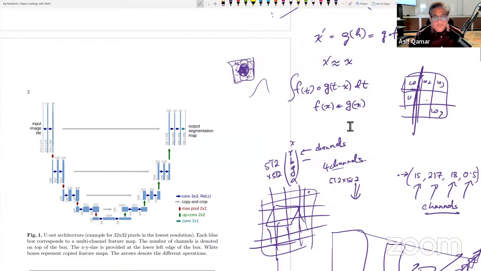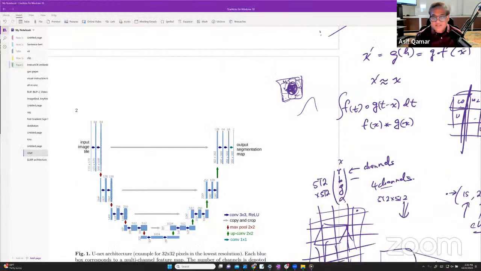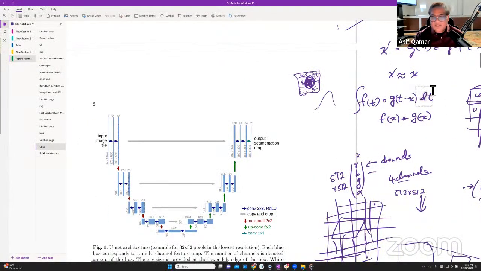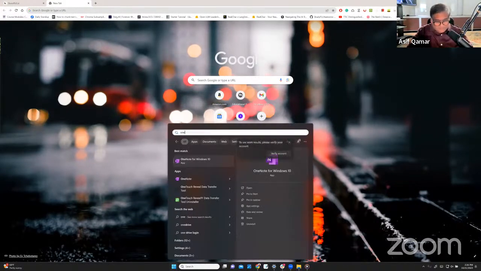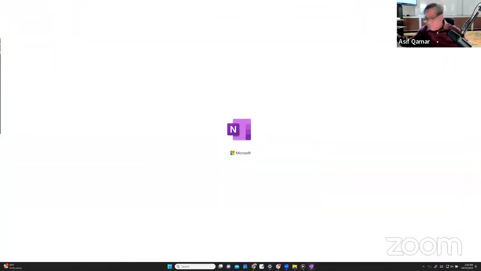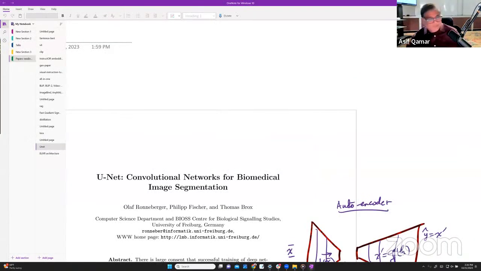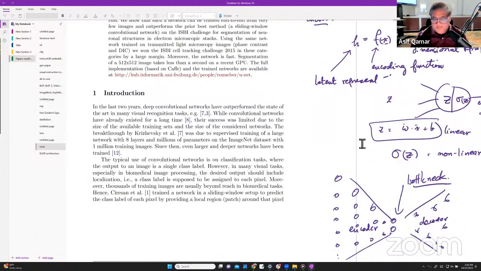So if you think about the picture of an encoder and a decoder, it seems to fit into that paradigm, isn't it? Hang on, guys. I'll just close this OneNote and reopen it. Something went off with it. All right, with some luck, this thing is scrolling.